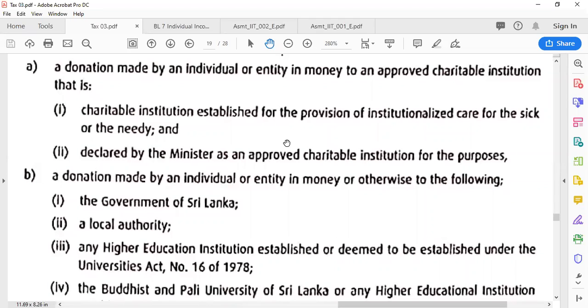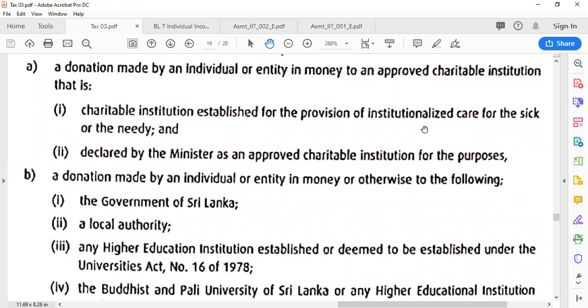So there are many different kinds of societies, which are not considered as an approved charity. An approved charity means it should provide institutional care for sick or needy people. Sick people means disabled people, special needs people, and the elderly. There are some organizations that keep such people.